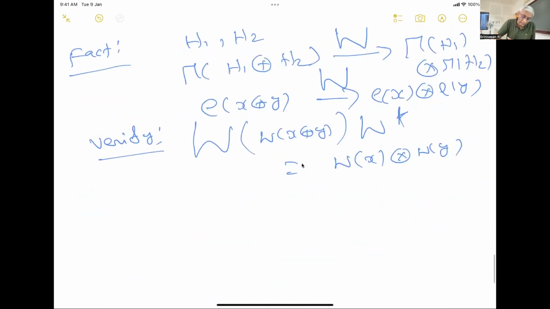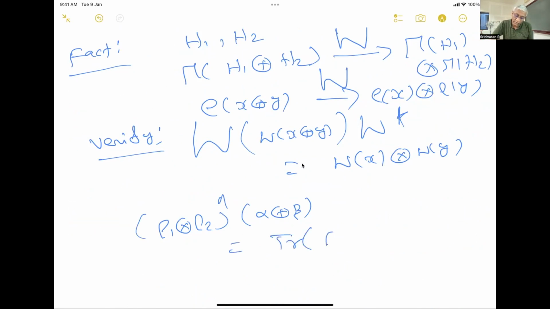So what do you want to verify? Now (rho 1 tensor rho 2) hat of alpha direct sum beta, which is an element in Cn1 direct sum Cn2, is equal to the trace of rho 1 tensor rho 2 times W of alpha direct sum beta.